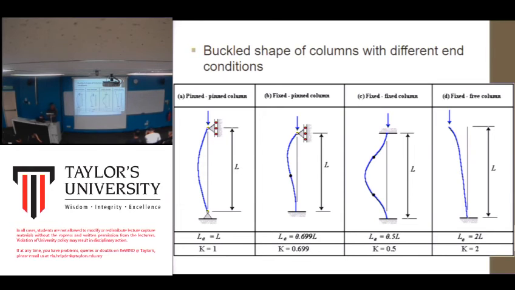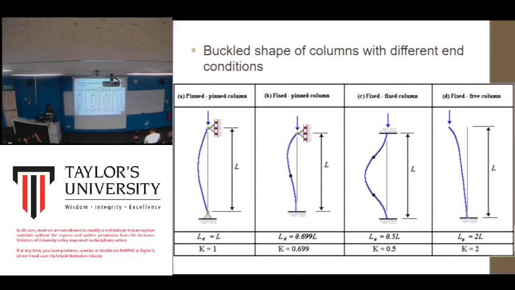Okay, so most of the time, especially for buildings, you're going to have both ends fixed like this. So you have a fixed column, where the top part of the column is fixed to maybe the floor or the roof, and the other end is fixed to the lower floor.